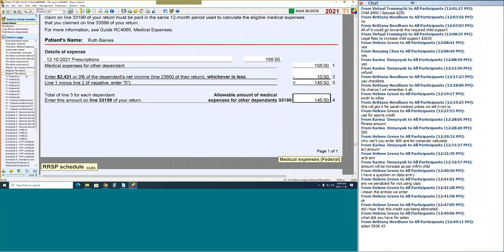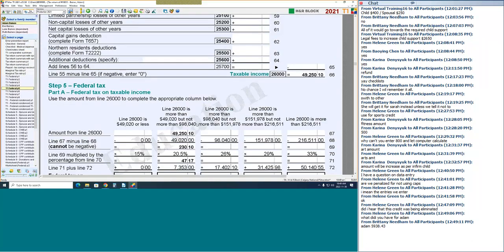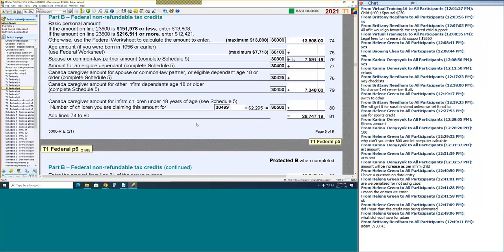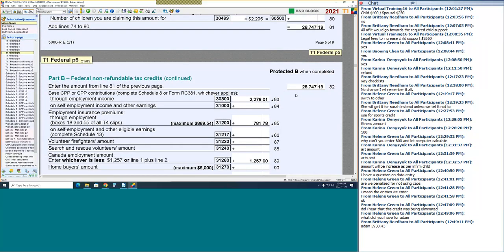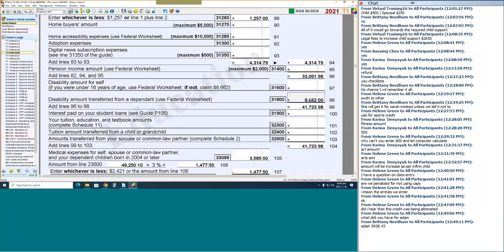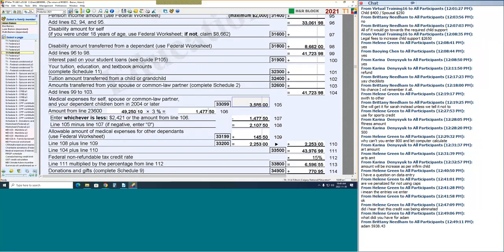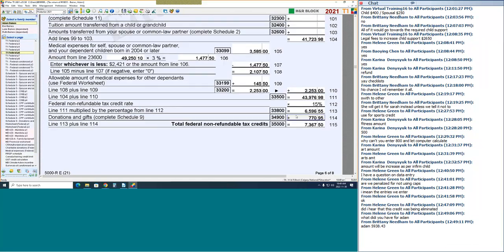And did I do the chairlift home accessibility amount? Let's verify that as well. Spouse or common law partner caregiver amount. Disability amount transferred from a dependent. Medical expenses 3585 and 14550. And donations and gifts.